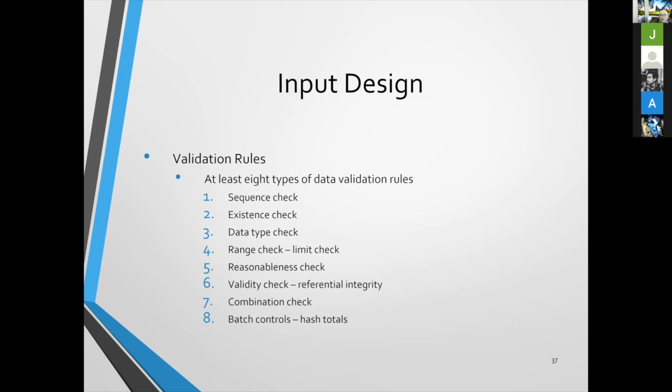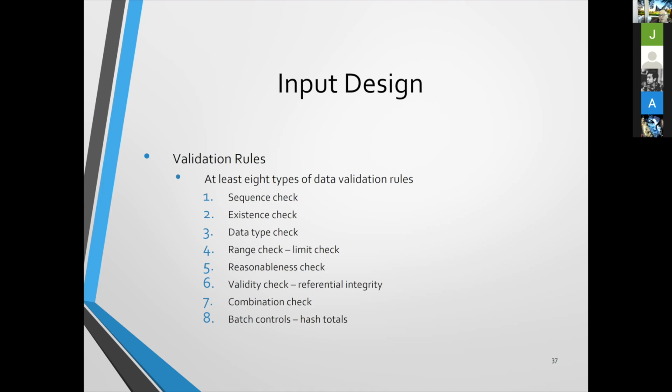For example, if you ask the users to enter the student ID, let's say 6180111, and the year that they are in, and the student enters year 6, this is not valid already.